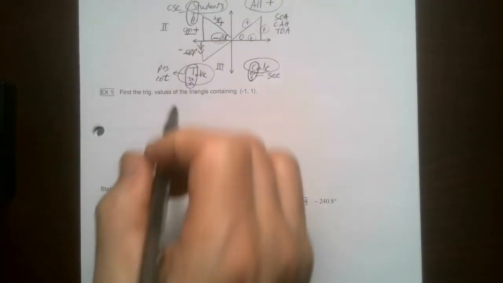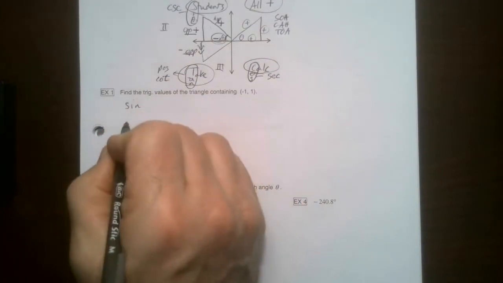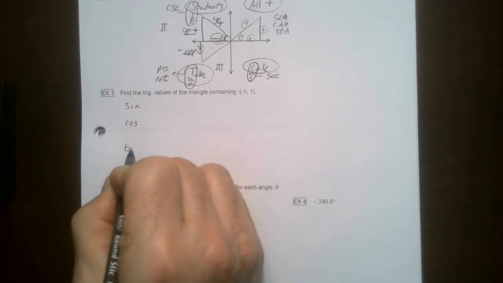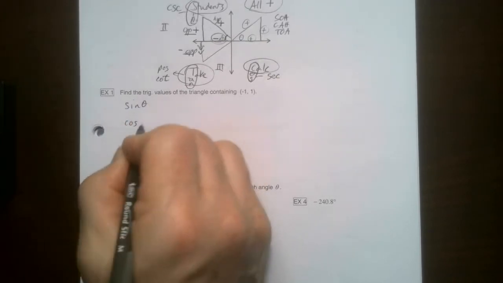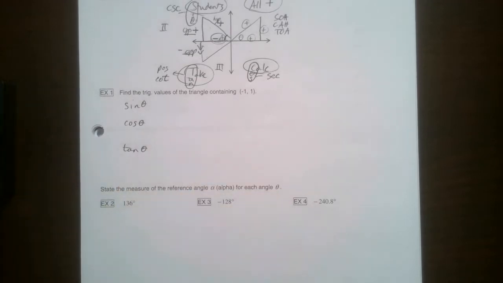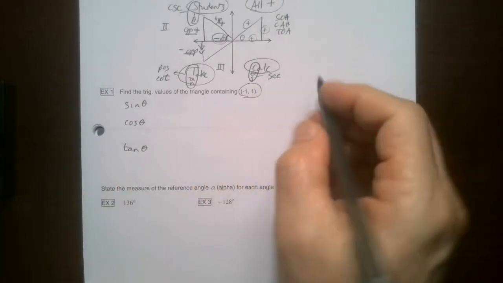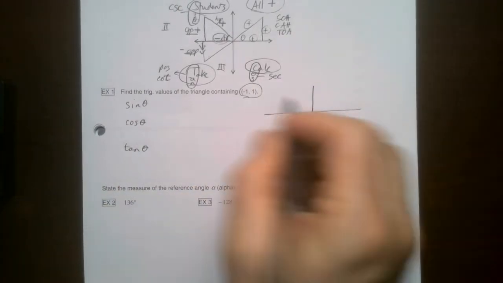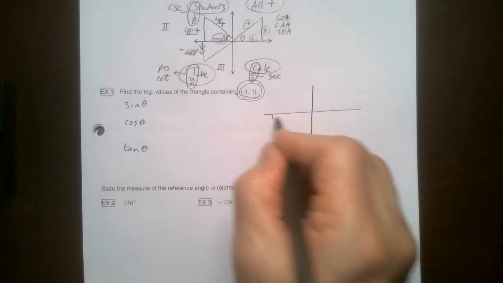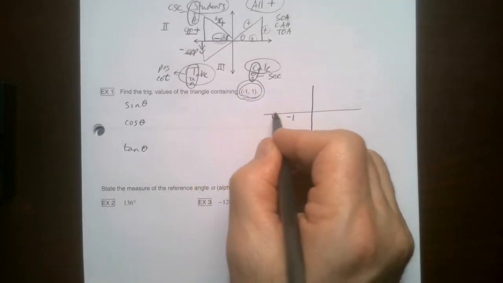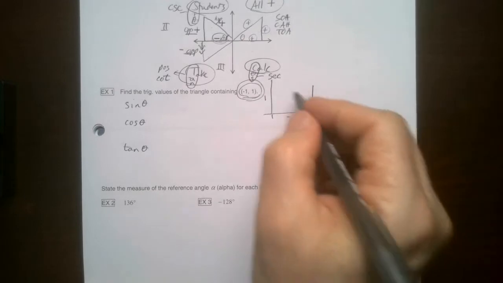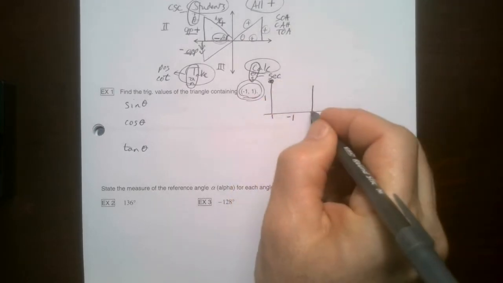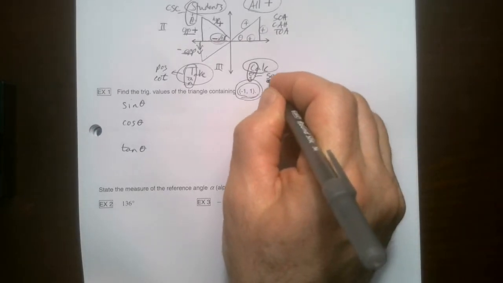Find the trig values, that means sine, cosine, tangent, and then figure out what the reciprocals are. First thing we've got to do is plot this point though. Now I'm going to make my units huge so that my triangle's huge. That's negative 1 and then up 1. If that's the point they're talking about, they're saying your spinner stops right here.